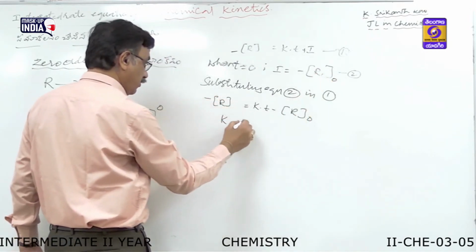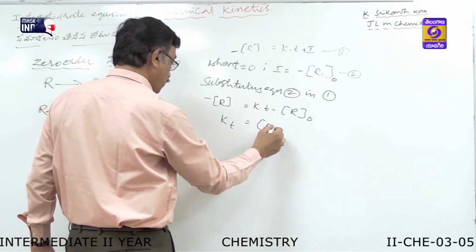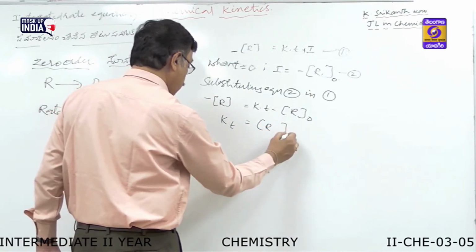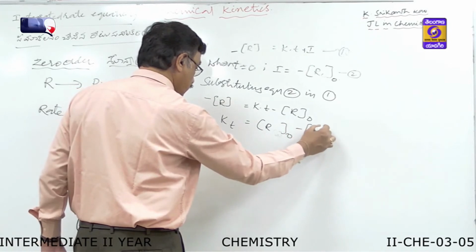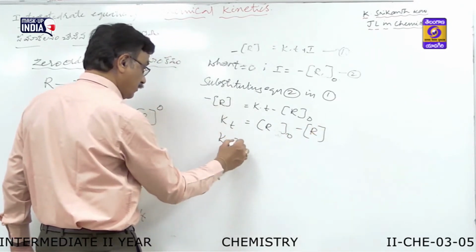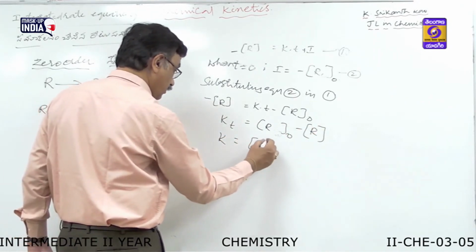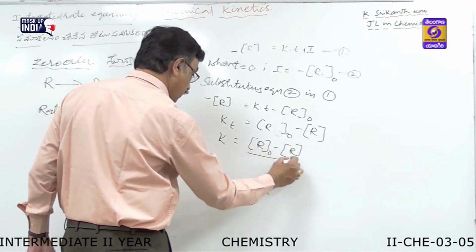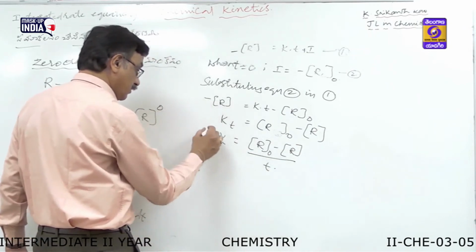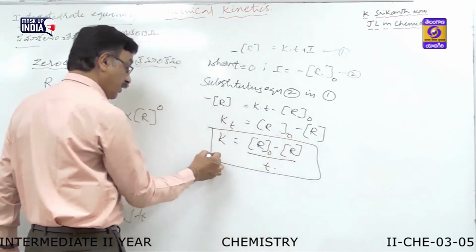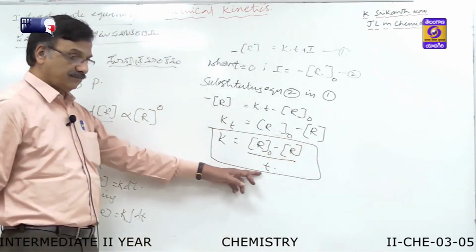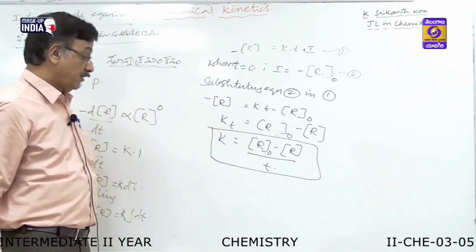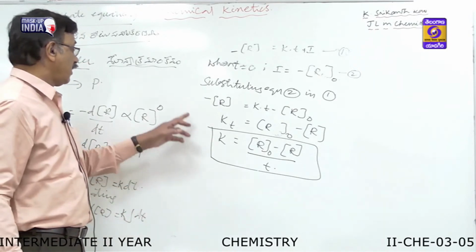So kt equal to R naught minus R, k equal to R naught minus R by t. So this is the expression relating k and t, right? This is for the zero order reaction.